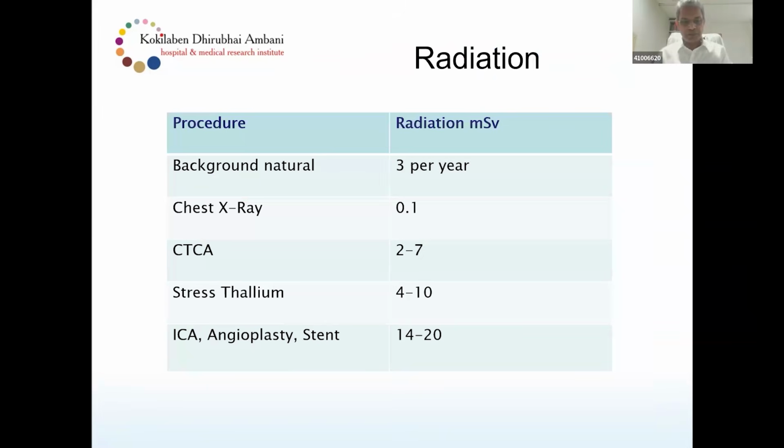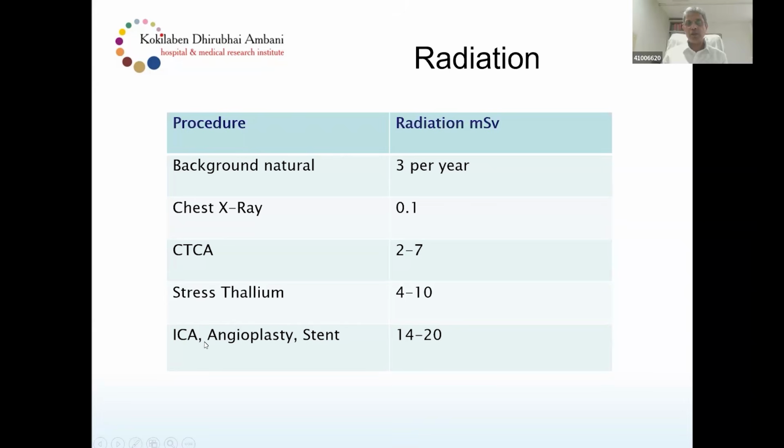Now, one thing which people always fear is the radiation in CT coronary angiography. But the modern machines are faster and deliver less radiation to the patient, you can see the comparison. The CTCA leads to 2 to 7 millisieverts of radiation, whereas a stress thallium, which is a functional imaging of the heart, renders 4 to 10 millisieverts of radiation.